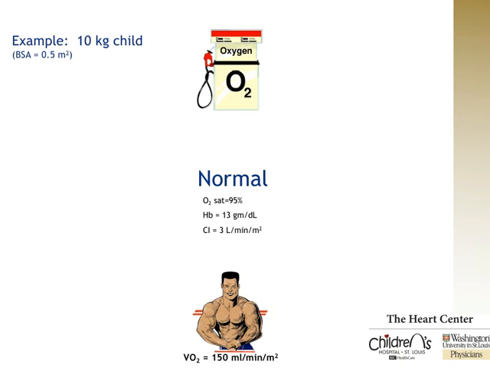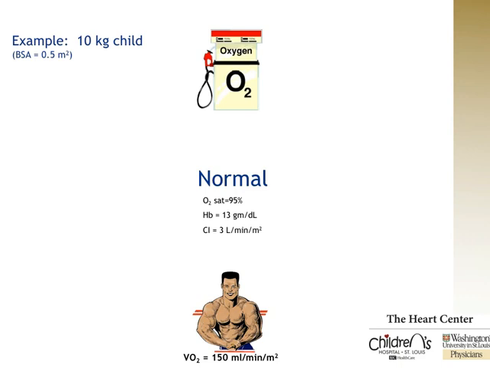And understanding that, it's helpful to then talk a little bit about how we typically assess oxygen delivery, or the adequacy of oxygen delivery. What I want to point out in the next couple of slides is how mixed venous oxygen saturation turns out to be a very valuable tool to make that assessment.